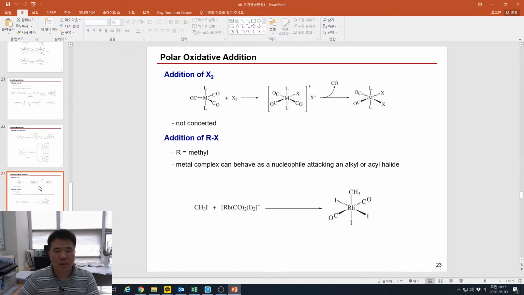Okay, how about addition of X2? So now a different type of oxidative addition. We were talking about HH, HC, CC, but now X2. X2 means halide, such as Br2 or Cl2.